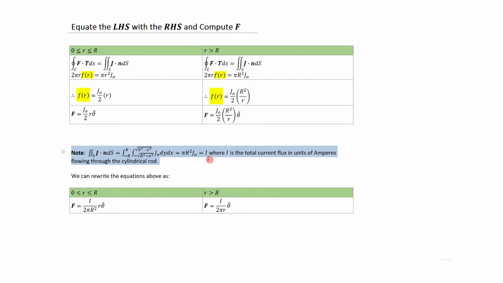By definition, this is the total current I flowing through the cylindrical rod. So we can express J naught in terms of I instead, because normally it's the current we measure, not the current density. We substitute J naught in terms of I into these expressions, and the resulting expressions are the ones shown at the bottom of the slide.